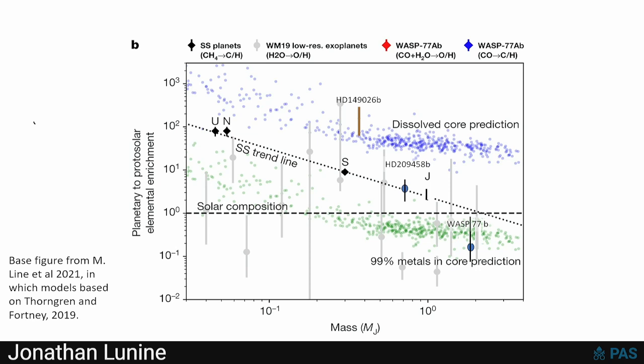I'll point out that for HD 209458b, that enrichment is larger than in previous results from Spitzer and HST. It's something we may want to talk about in the discussion. It falls right on the solar system trend line, which is very nice.